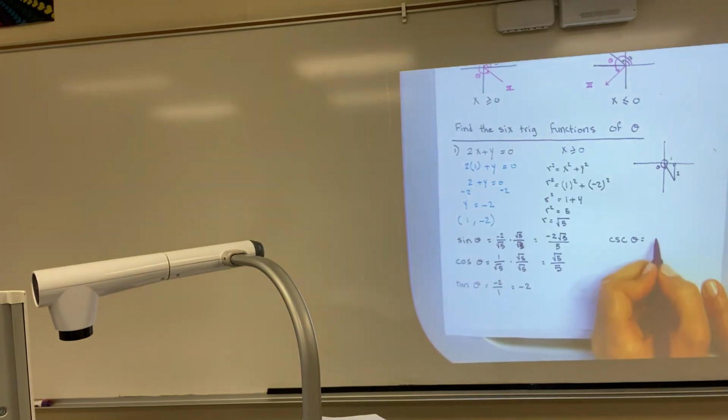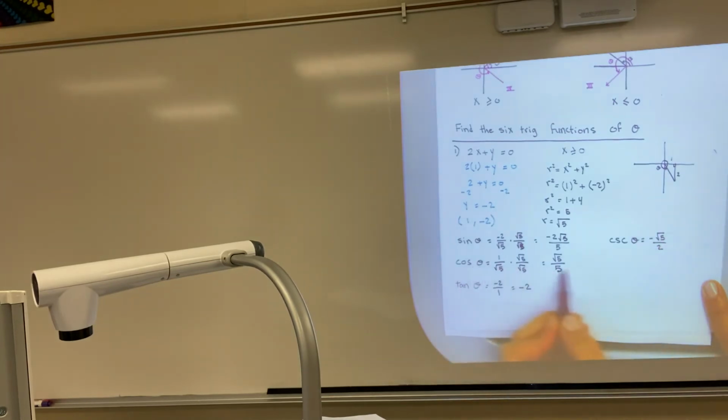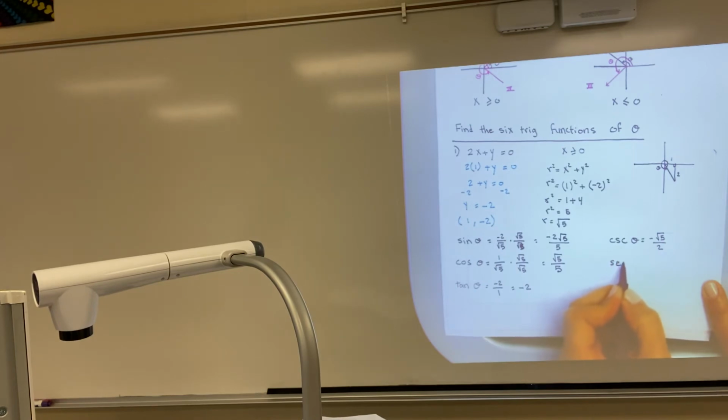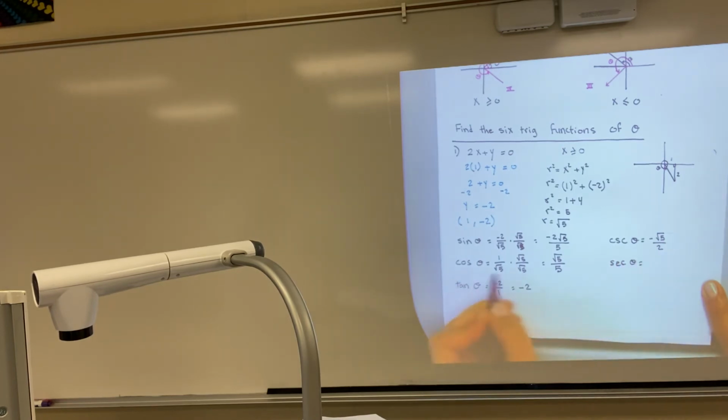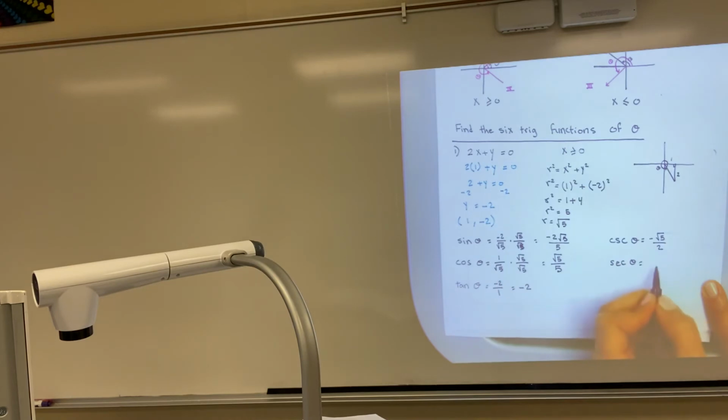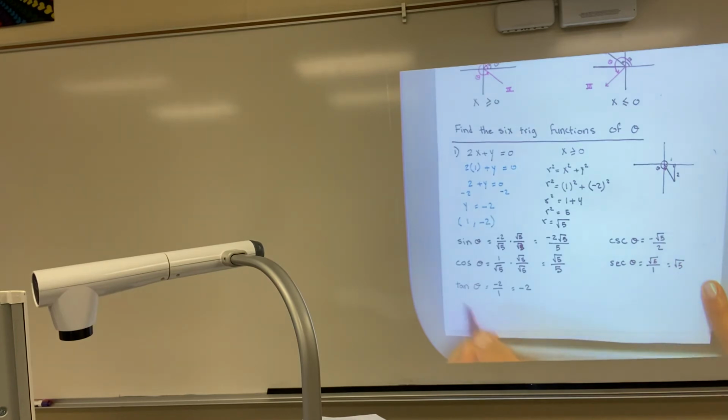So it is negative root 5 over 2. And secant theta is the reciprocal of the cosine. So that's root 5 over 1, which is the same as root 5. And cotangent theta is the reciprocal of the tangent. So it will be negative 1/2.